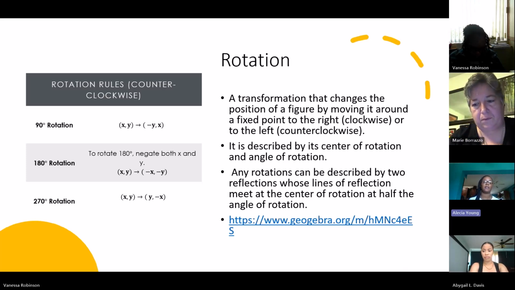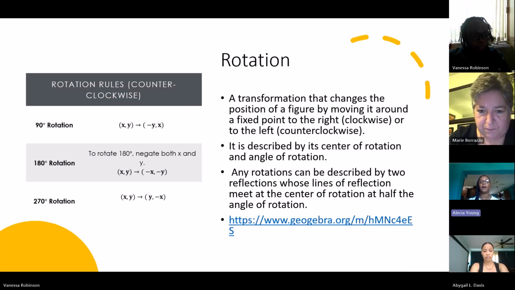And if you're going to rotate a figure 270 degrees counterclockwise around the origin, the pre-image (x, y) will become (y, negative x). Now, these are the counterclockwise rules. To get the clockwise rule, we know that a 90-degree counterclockwise rotation is the same as a 270-degree clockwise rotation, so the rules apply to the clockwise rotation.